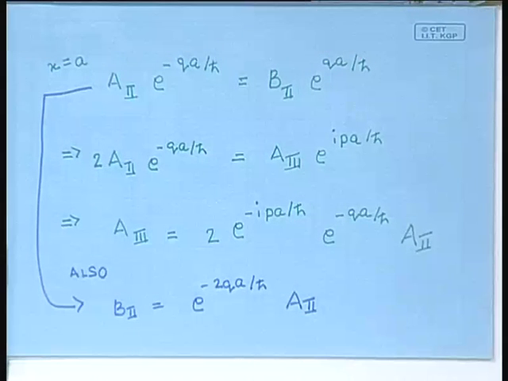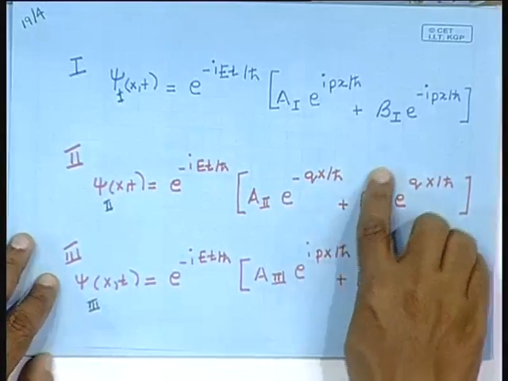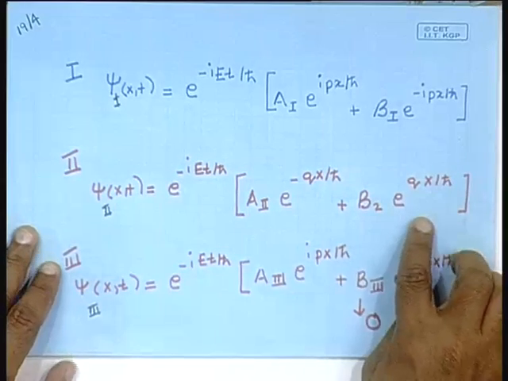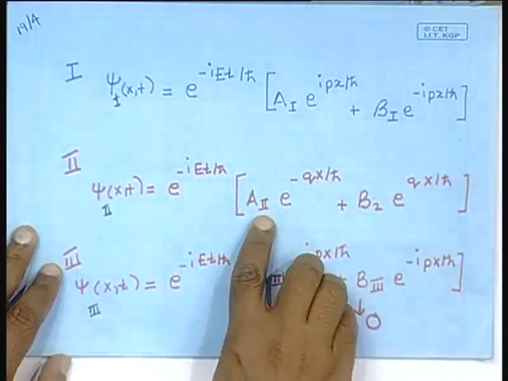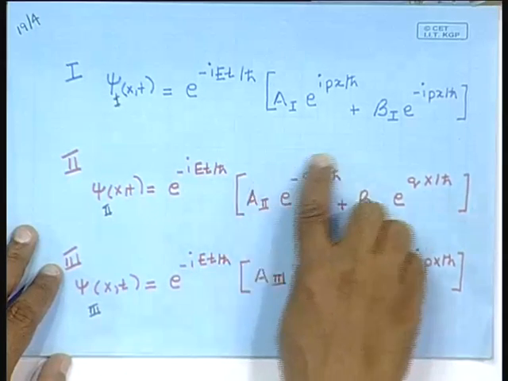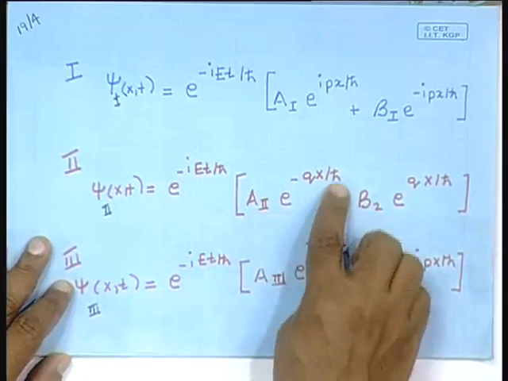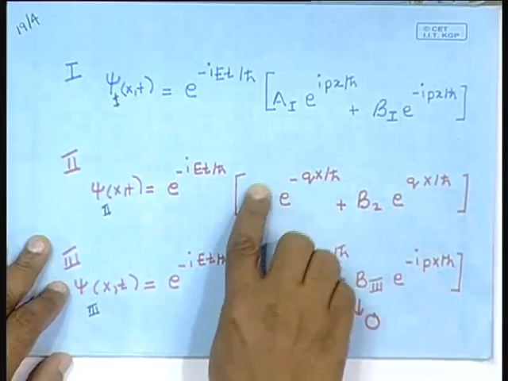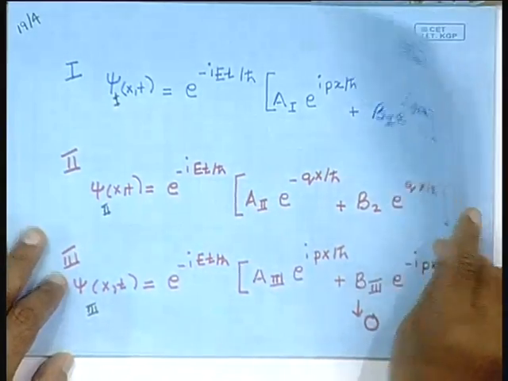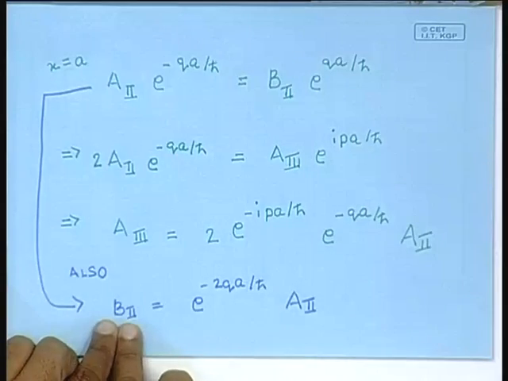So, the part of the wave function which increases exponentially has an amplitude which is much smaller than the amplitude of the part of the wave function that decreases exponentially. So, this is the dominant term in most of the region. So, B2 is much smaller than this.